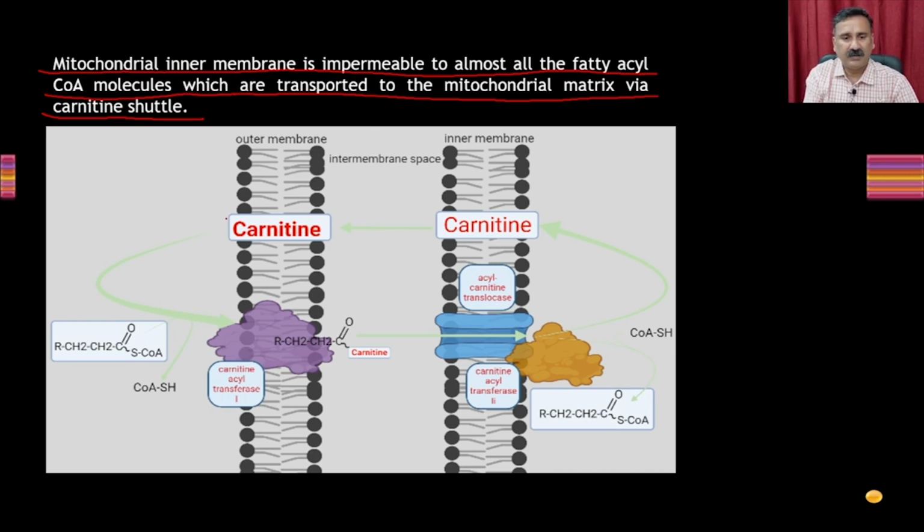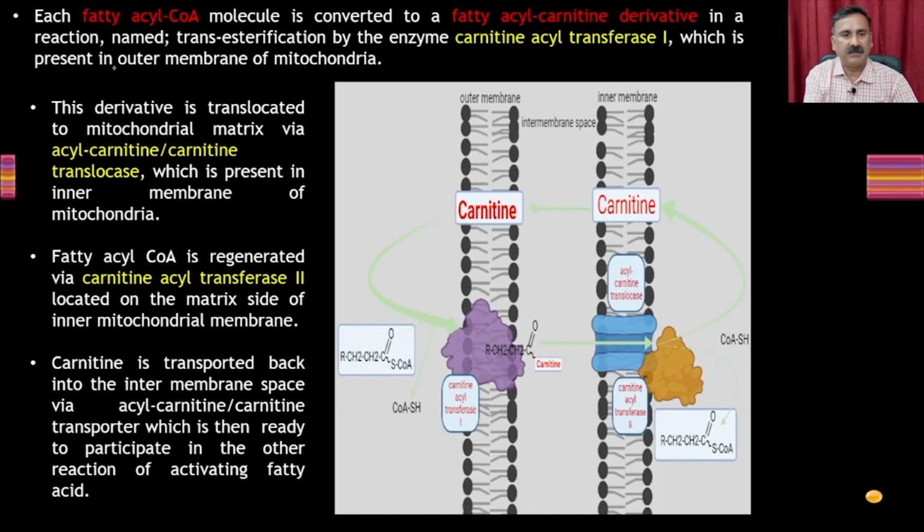Here you have the carnitine protein, and you also have the carnitine acyltransferase, and these two molecules participate in a shuttling process, and that's how it takes the fatty acyl CoA from the cytosolic side and transports it into the mitochondria. How does that happen?